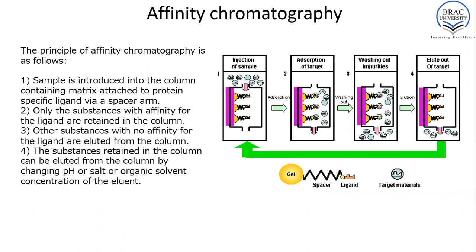Only the substances with affinity for the ligand are retained in the column, and other substances have no affinity, so they are eluted out from the column. The retained substance is then eluted out by changing the pH, the salt solution, or using an organic solvent. So this is affinity chromatography.